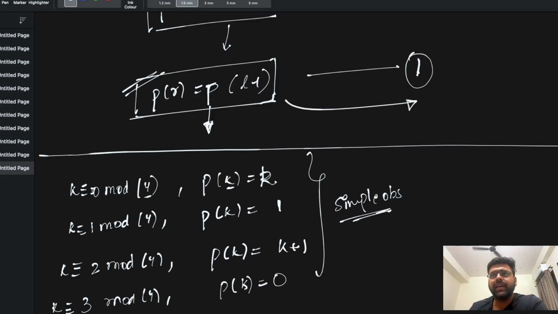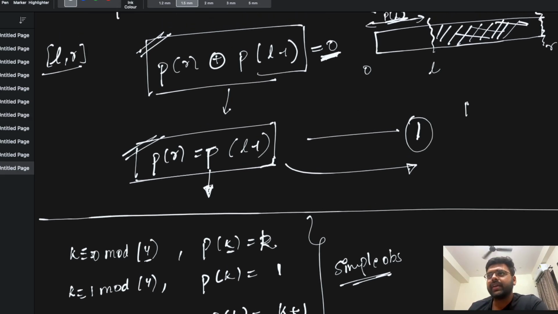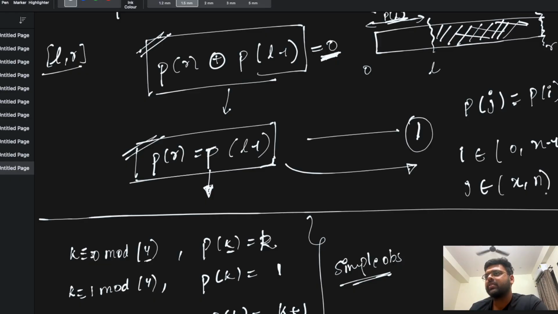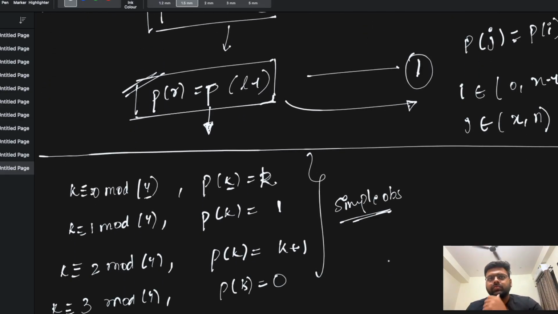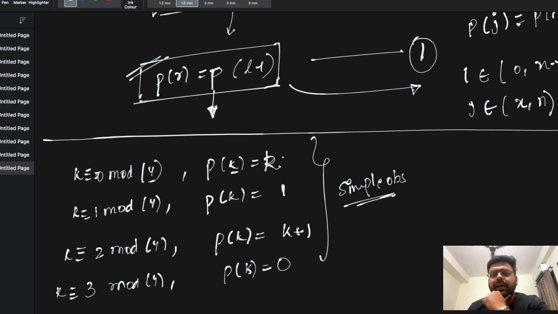This is a simple observation that we have made, and I'll reduce this particular equation as well. This equation I can write as p of j is equal to p of i, where i belongs to the range 0 till x minus 1 and j belongs to the range x till n. This is a simple equation we can find out. Also this can be k and 0 both, because k would have been 0 over here.